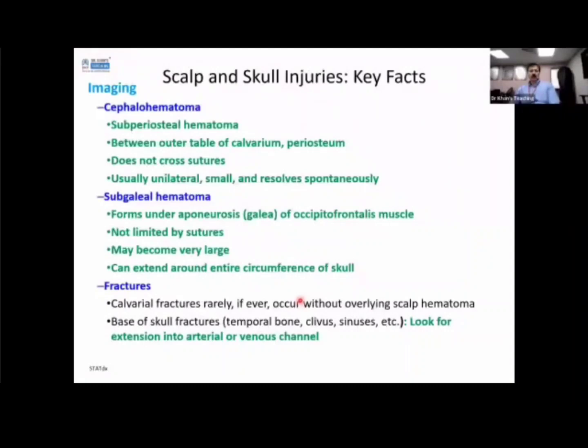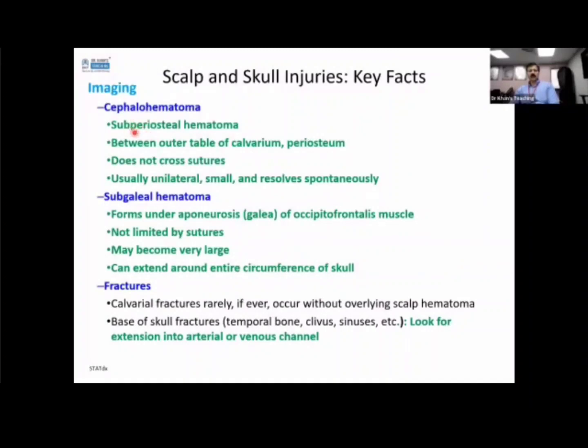So, the final point is regarding two terms. One is cephalohematoma, and the second one is subgaleal hematoma. This one is seen in infants, and this one is seen in infants as well as in other age groups. What is the definition here?